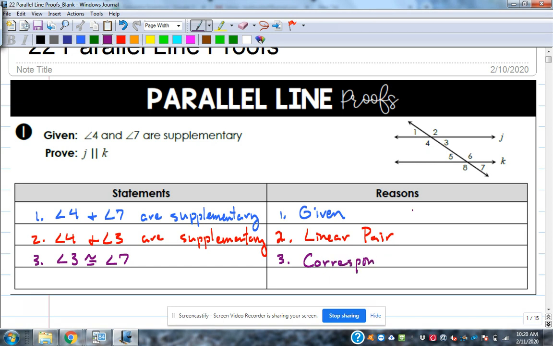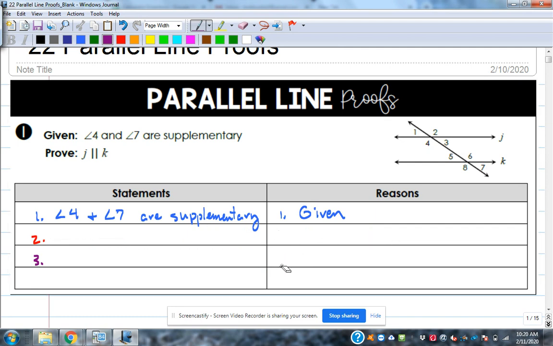Oh, hold up. Back up. We're trying to prove the lines parallel. When are corresponding angles congruent? Only when the lines are parallel. Are the lines parallel yet? No. So we can't do that. Back up. That was quick. Let's go back.